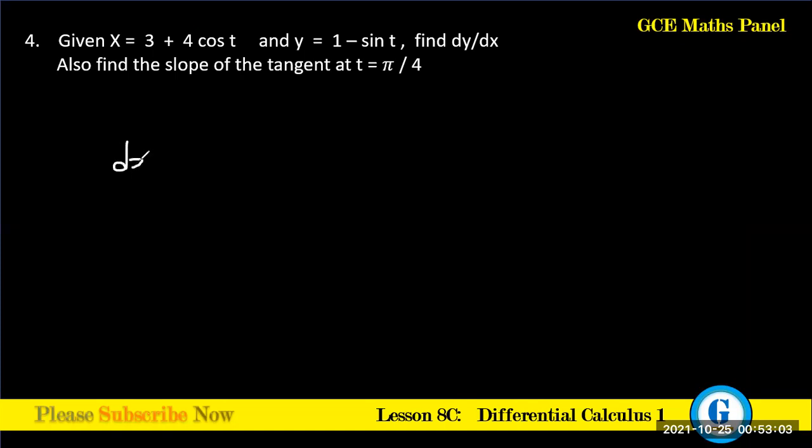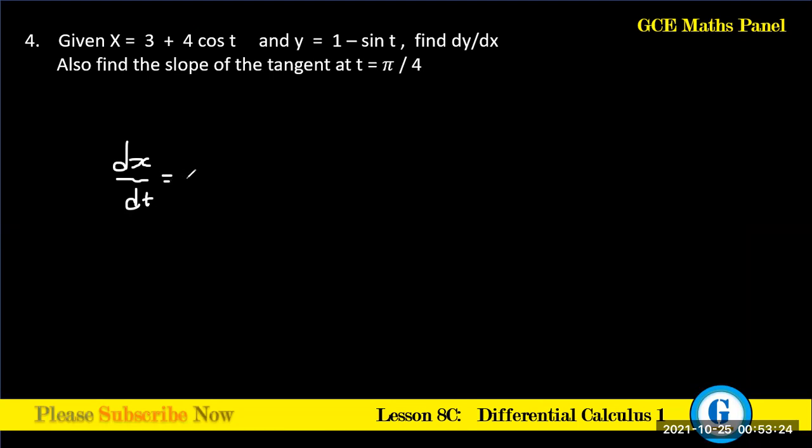So here the dx/dt will be equal to, or you can make cos t and sin t the subject of the formula, and use sin squared t plus cos squared t is equal to 1, and do the same thing, all right, like we have done in the previous examples.